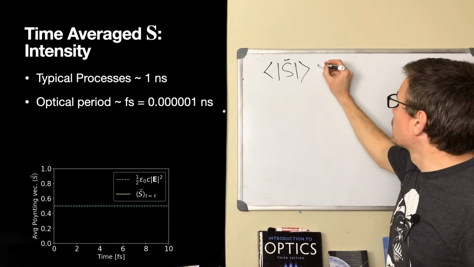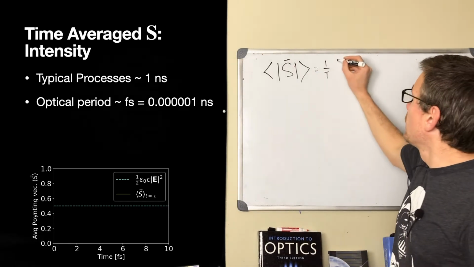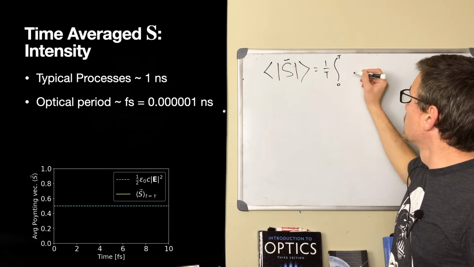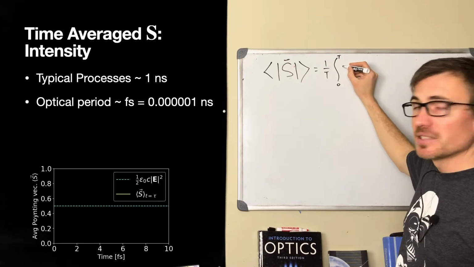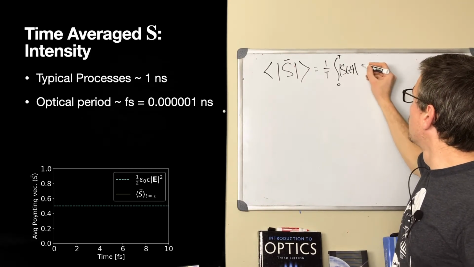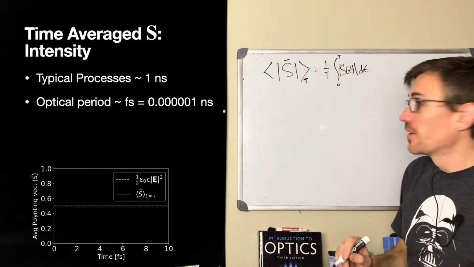Well, if I time-average something, how do I do that? I divide by the period, and I integrate that function from 0 to T. And in this case, what is the function? It's just the magnitude of S of t, dt. That's by definition the average over some period.